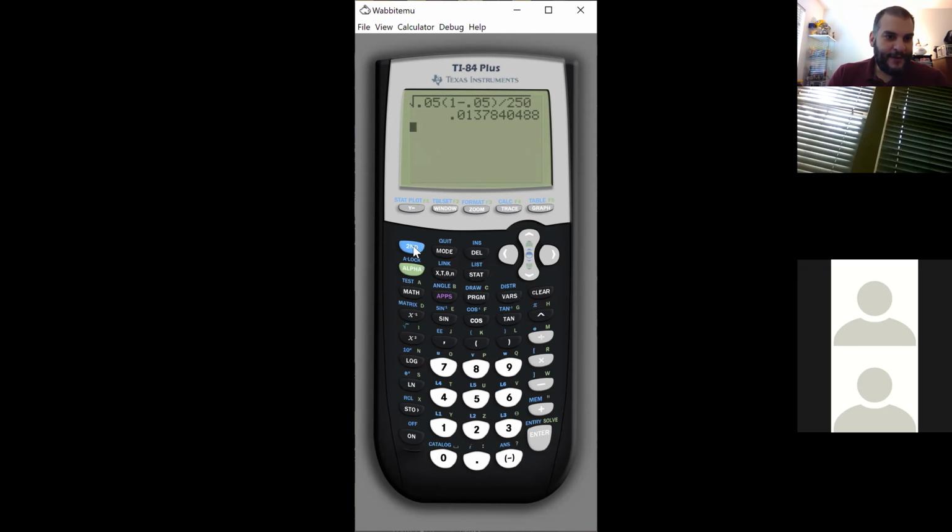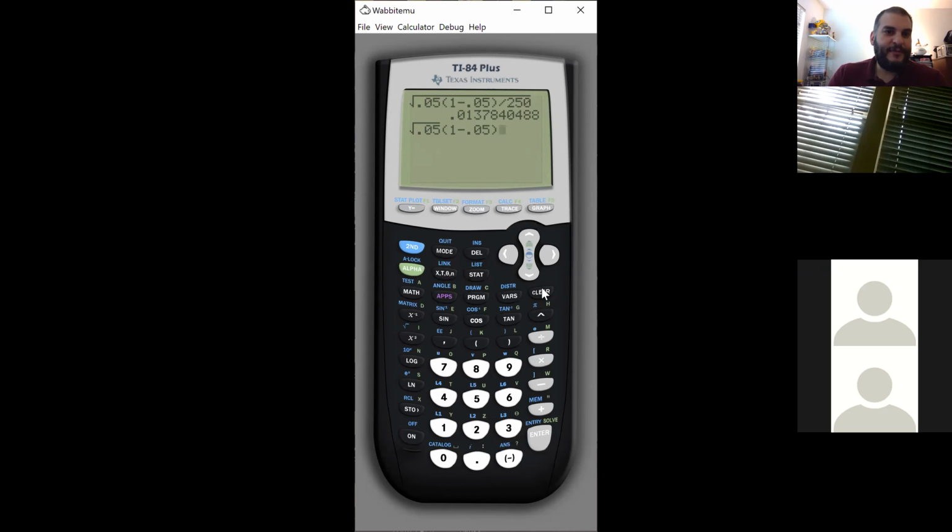Because say if you do the radical, if you do 0.05, and then you do 1 minus 0.05, you see how the line is not over that portion? That's telling me that the 1 minus 0.05 is not under the radical.